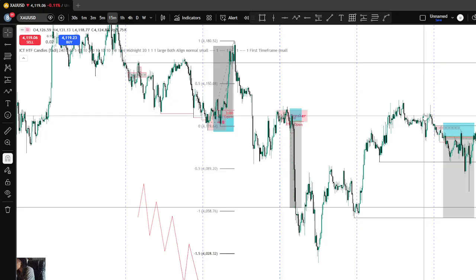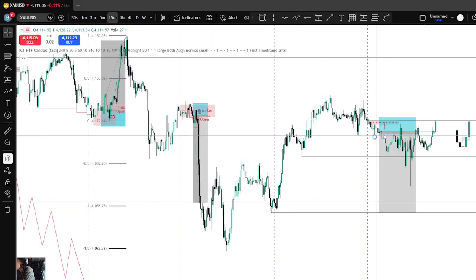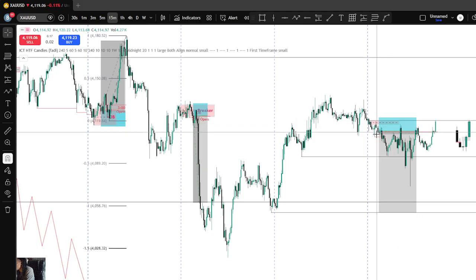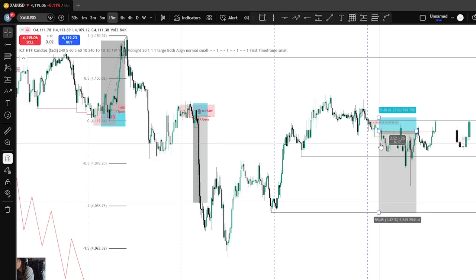Then we had this high, then this high got taken out with this high here. So I was looking at midnight open here and asking myself, will the sells be good around here, or shall I wait for my 3 open model? So that's what I did. I waited for my open model.